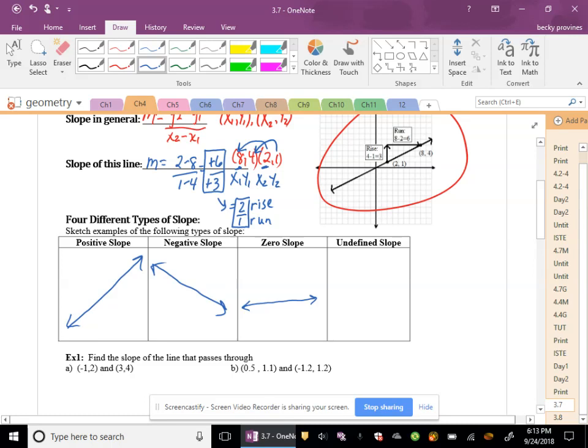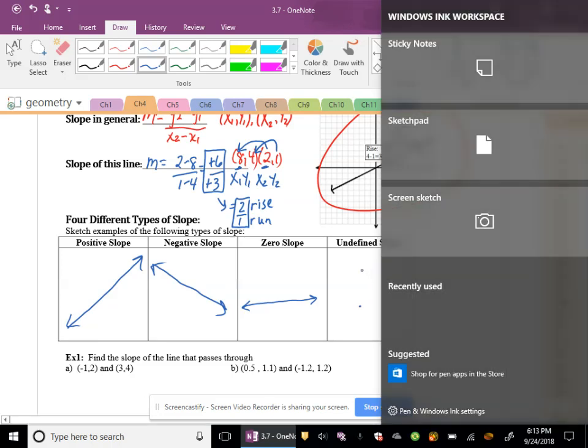So it's completely flat. That's what a zero slope is. There's no slope there. Now, undefined slope is the opposite of a zero slope. So zero slope goes from side to side. It is horizontal. An undefined slope is vertical and it goes straight up and down.